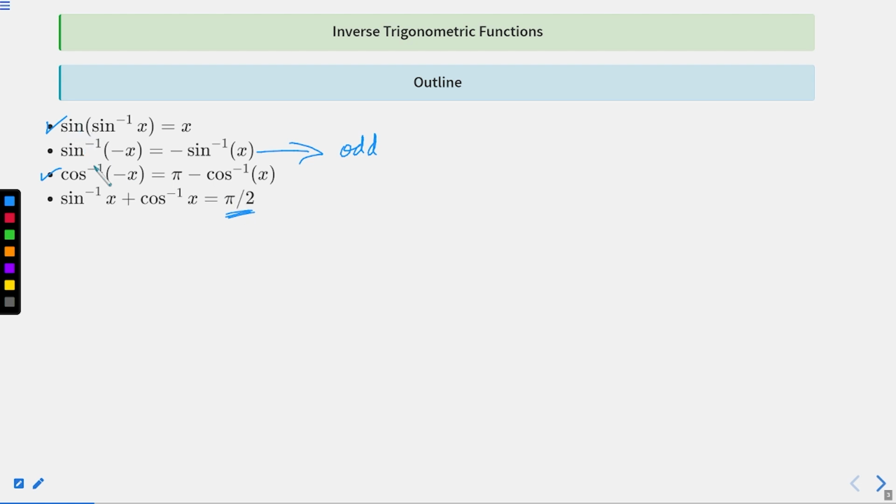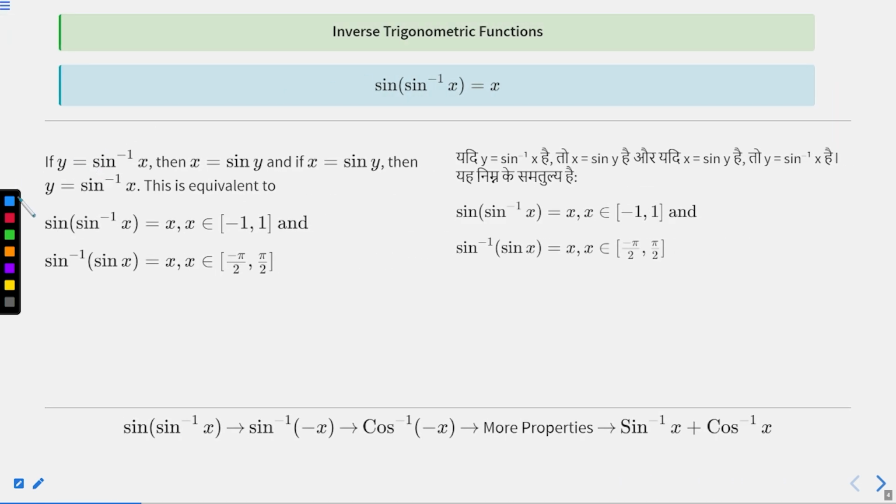Okay, let's move. So if y is equal to sine inverse x, then x is equal to sine y, and if x is equal to sine y, then y is equal to sine inverse x. This is equivalent to this.